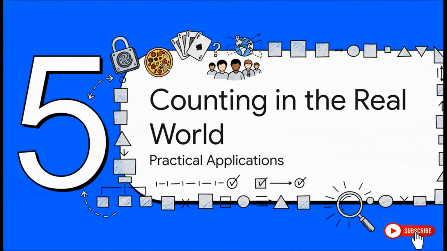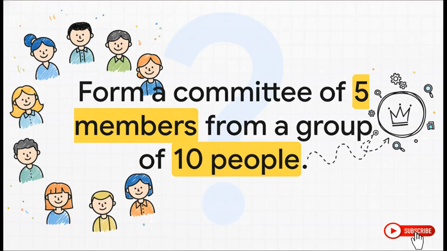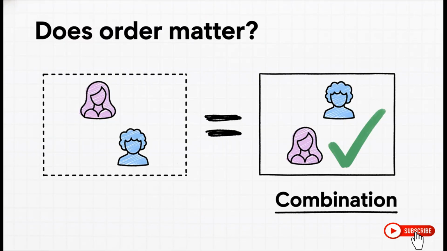So why does any of this even matter? Well, these concepts aren't just for math class. They are literally everywhere. Let's apply this logic to a couple of real-world problems. Here's a classic situation. You've got 10 people, and you need to form a committee of 5. Before you even think about reaching for a formula, you have to ask yourself the single most important question: does it matter if you pick Sarah first and then John versus picking John and then Sarah?